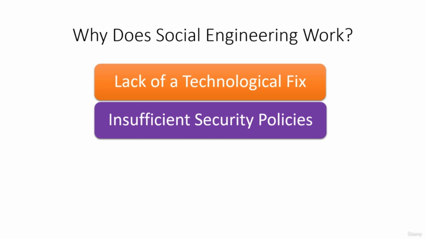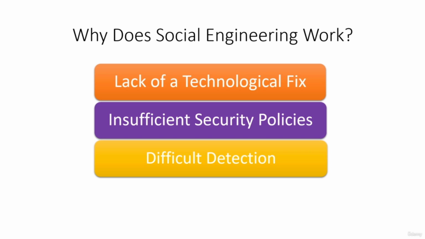Second is insufficient security policies. The policies that state how information, resources and other related items should be handled are often incomplete and insufficient at best. The third one is difficult detection. Social engineering by its very nature can be hard to detect.